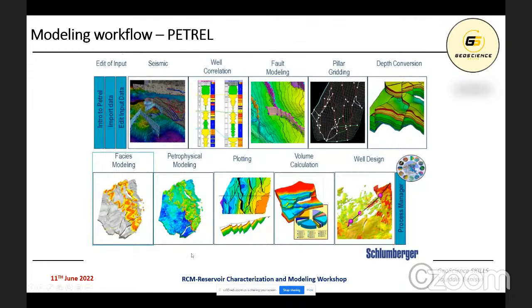Because when you want to model a reservoir, you need the ceiling and the bottom, and this is what the geophysicist will provide you: the seismic horizons, the top and bottom of the reservoir.